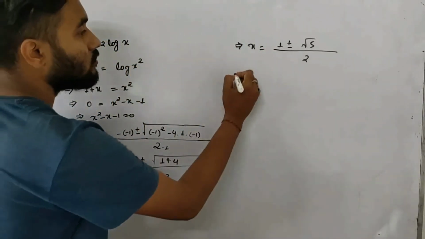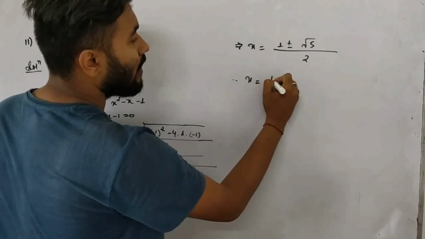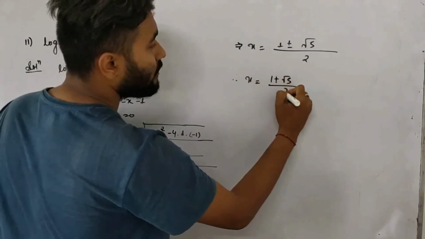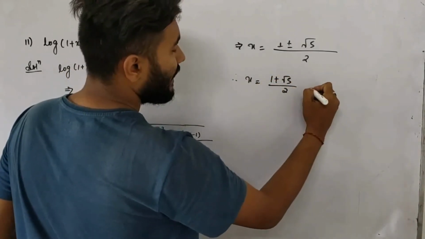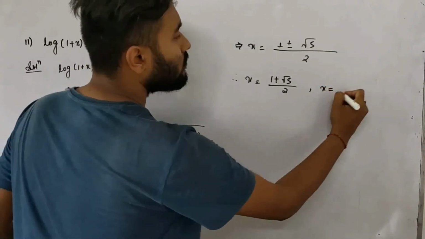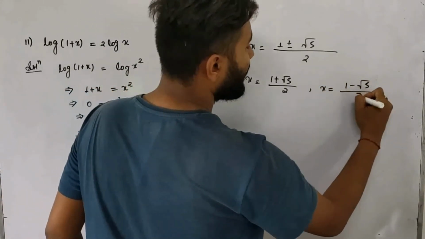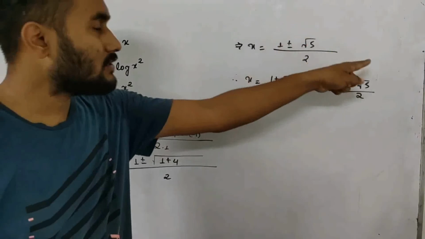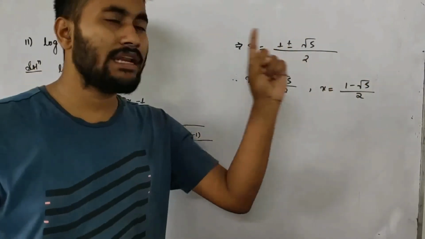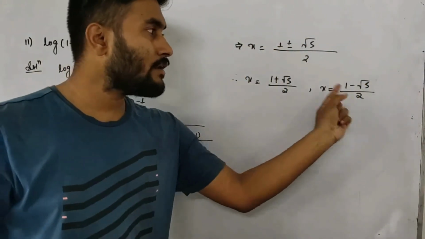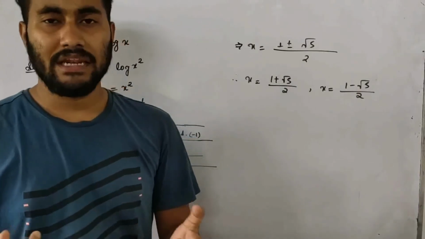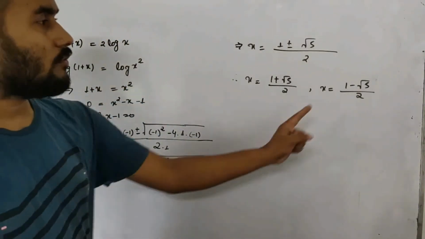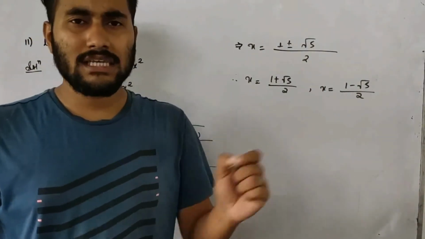Therefore x is equal to (1 plus root 5) by 2. Another one is x is equal to (1 minus root 5) by 2. But clearly 1 minus root 5 is a negative number. What is the value of root 5? 2 point something, isn't it?